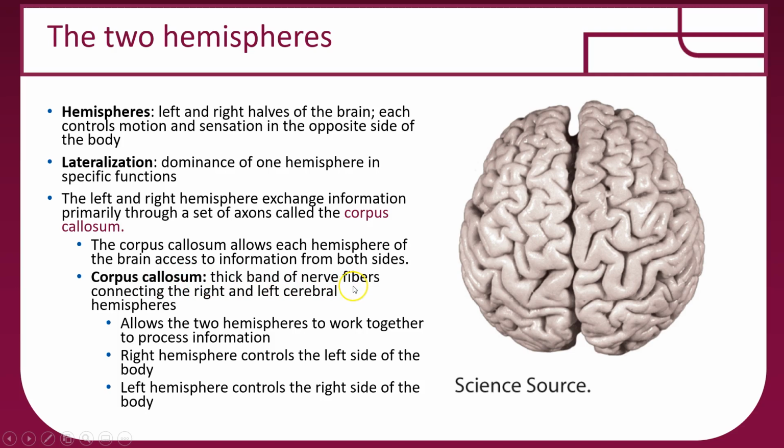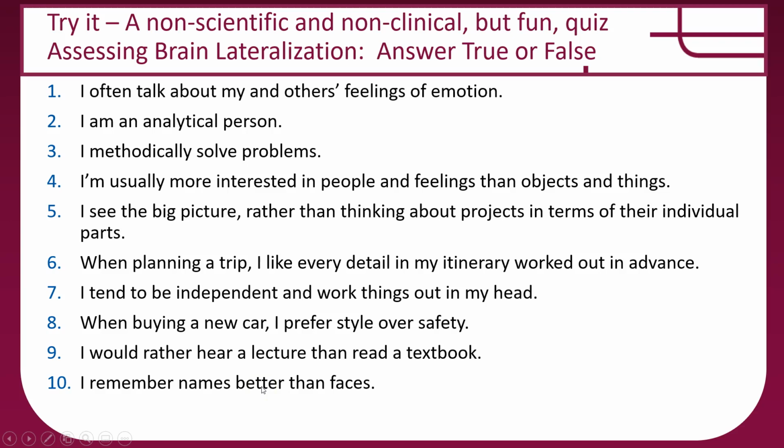It's a thick band of nerve fibers that connects the right and left hemispheres, and that allows the two hemispheres to work together to process information. As I said already, the right hemisphere controls the left side of the body, the left hemisphere controls the right side of the body.